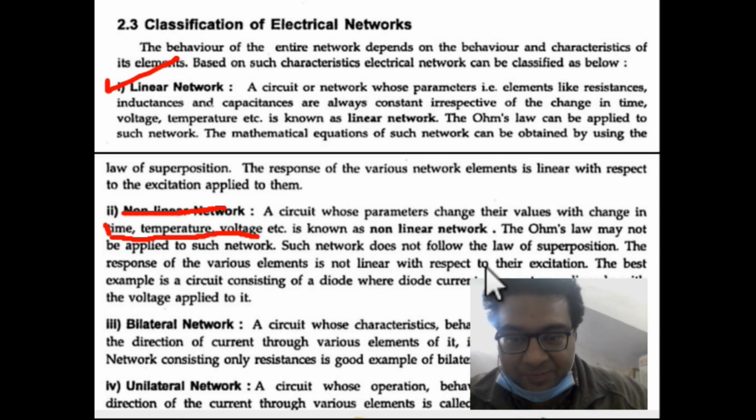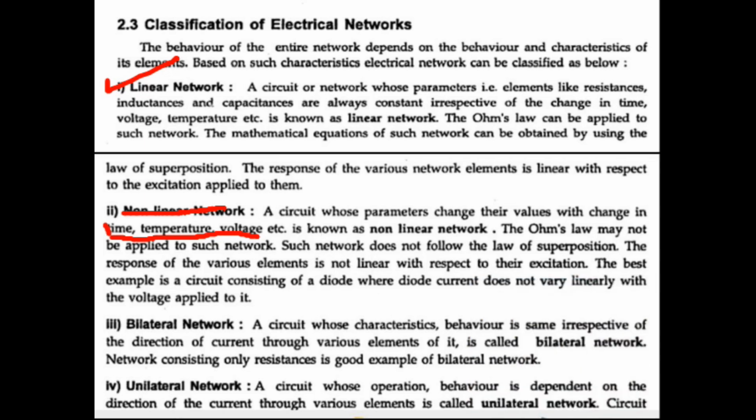This is a very important point. Such a network does not follow the law of superposition, and the response of the various elements is not linear with respect to their excitation. This is a very important point.